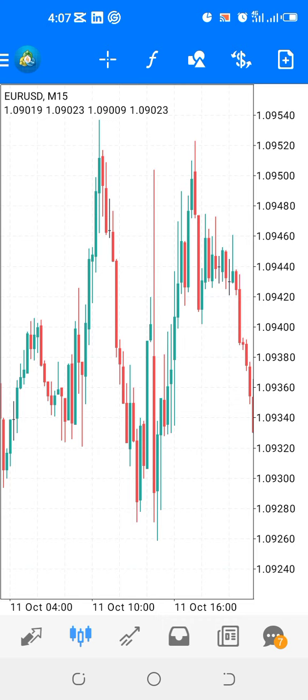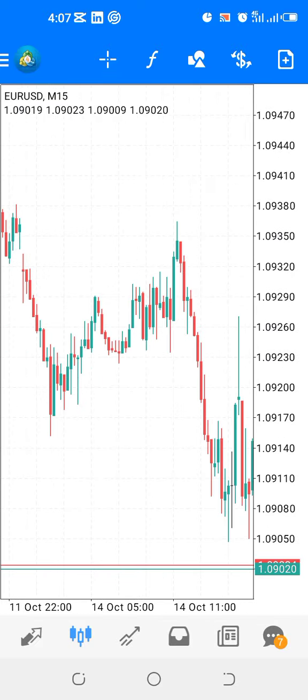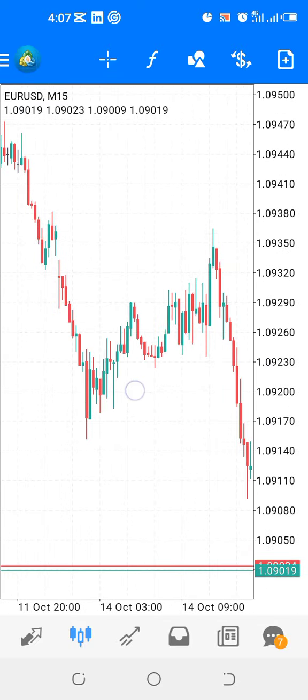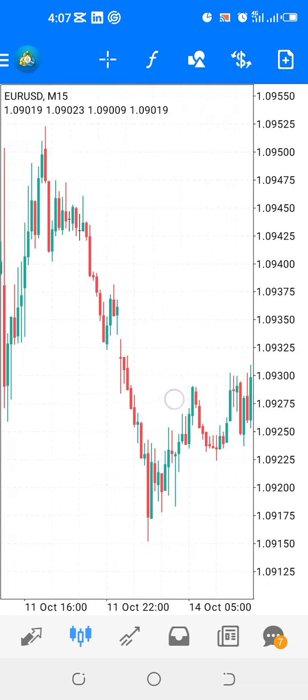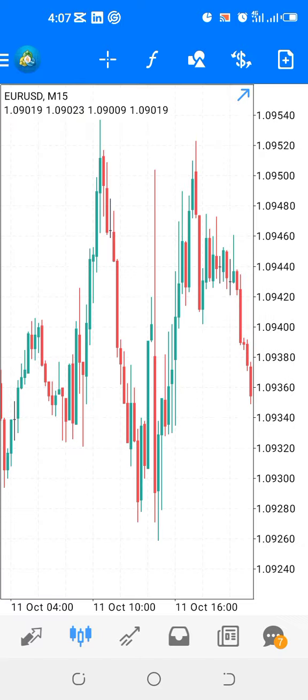There are a lot of chart patterns, but the most common are the double top, the double bottom, as well as the head and shoulders. So let's see how to spot a double top, for example. So let's pick this. This is a double top indicated by this arrow.